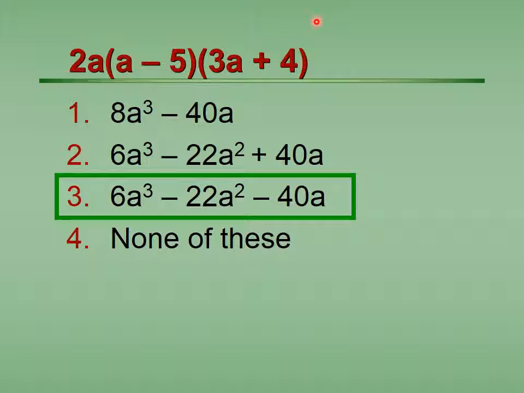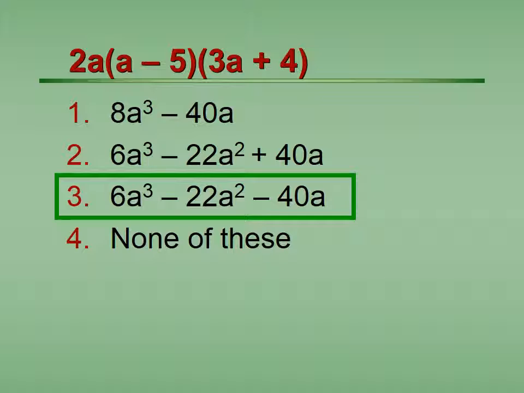So if we're going to do the first terms first, 2a squared times 3a becomes 6a cubed. And then we do our outer terms. So 2a squared times 4 becomes 8a squared.